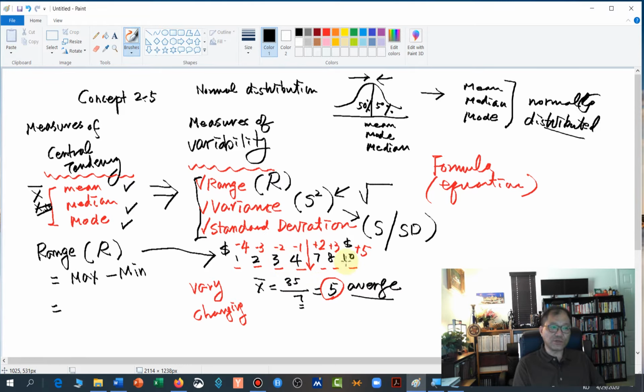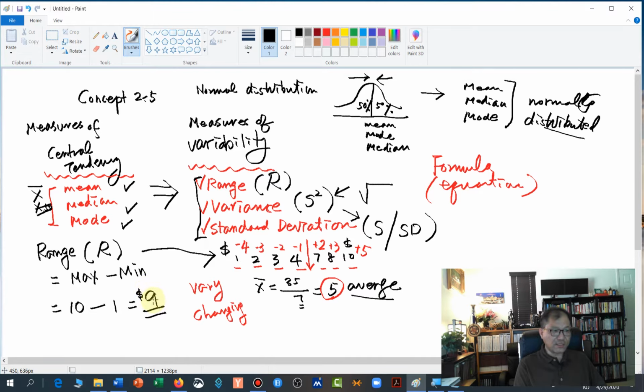If I ask you to calculate the range, how would you calculate it? What is the maximum number? I got 10 as the maximum number minus the minimum number 1. Then I will get the answer of $9. That is the answer for the range.